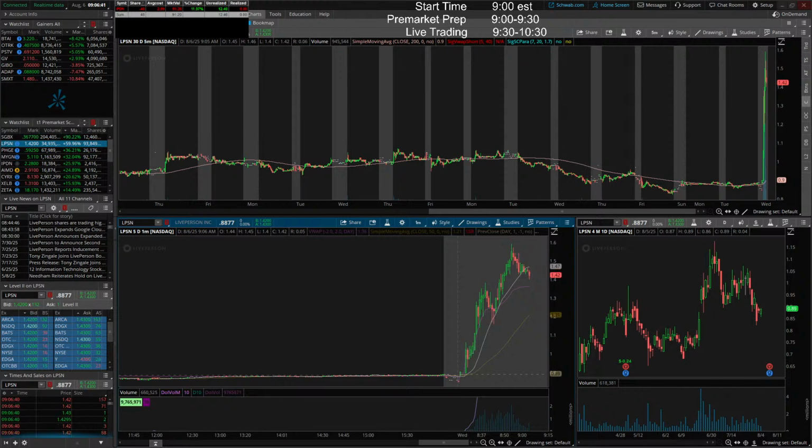So this is the algo, working on this new setup for the algo. Kind of strange.